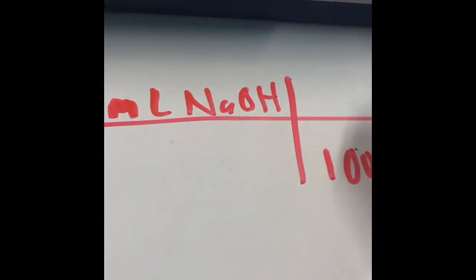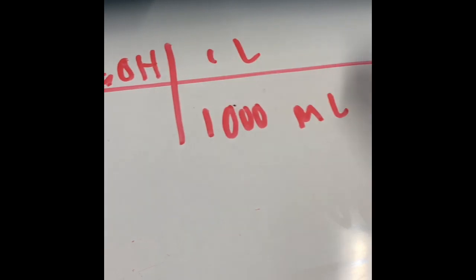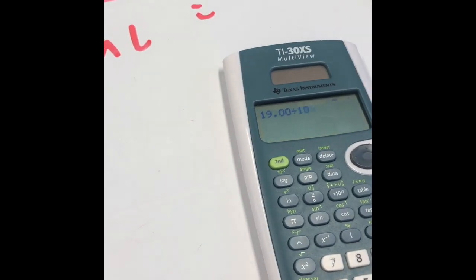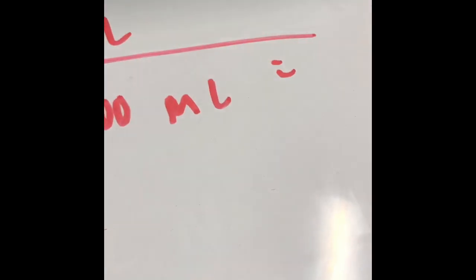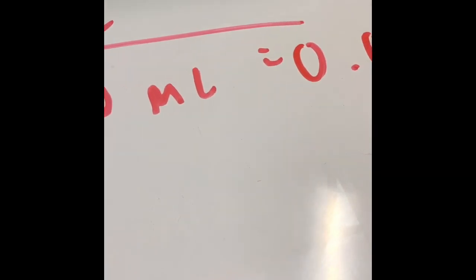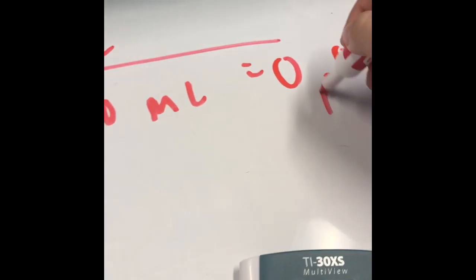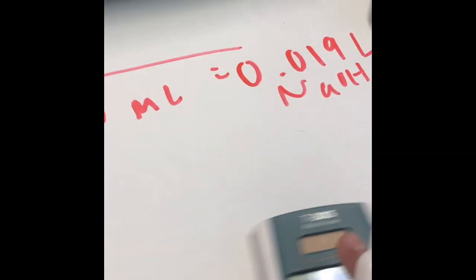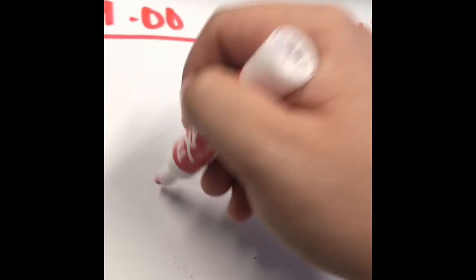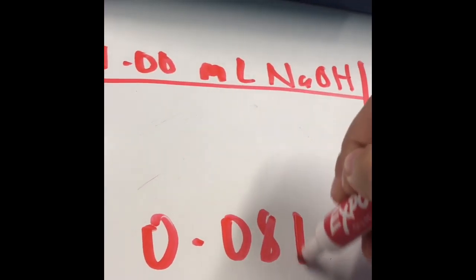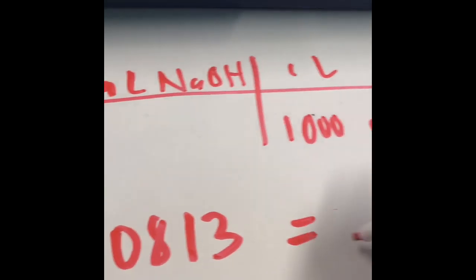So first we convert this to liters, and we get 0.019 liters NaOH. So we take this number, and along with the molarity that was given to us, 0.0813, and we plug it in.